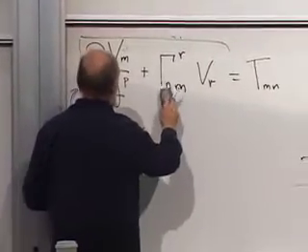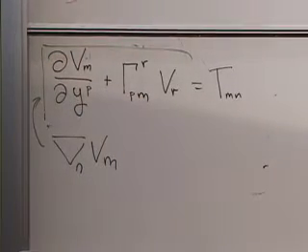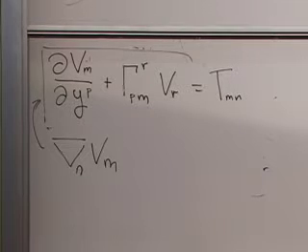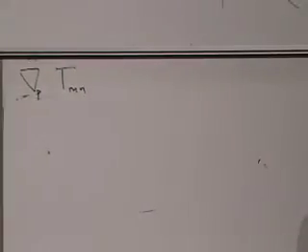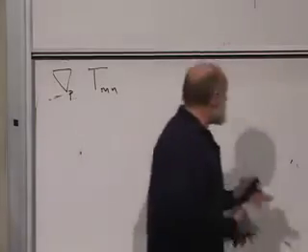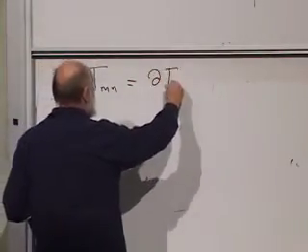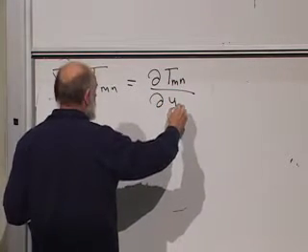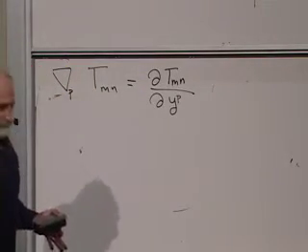So I have Tmn, and I want to take its covariant derivative with respect to yp. Again, it starts out with the ordinary derivative, the derivative of Tmn with respect to yp. It starts out with just the ordinary derivative.